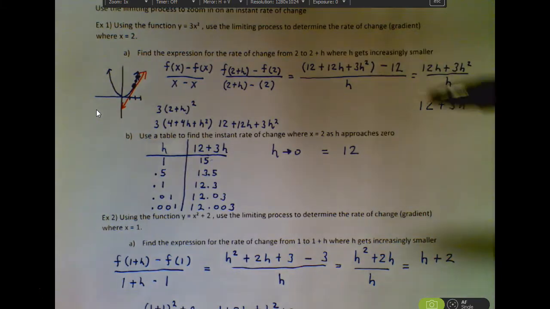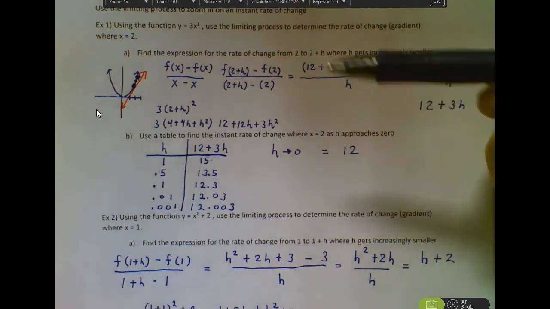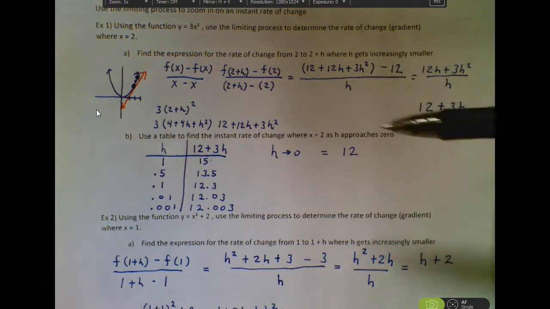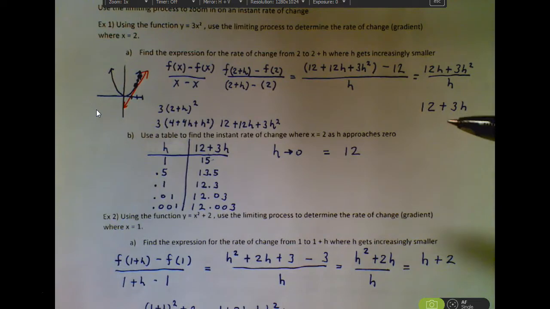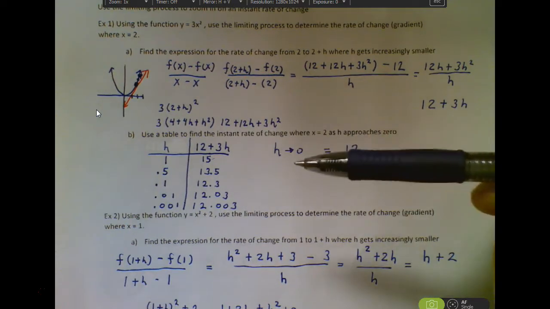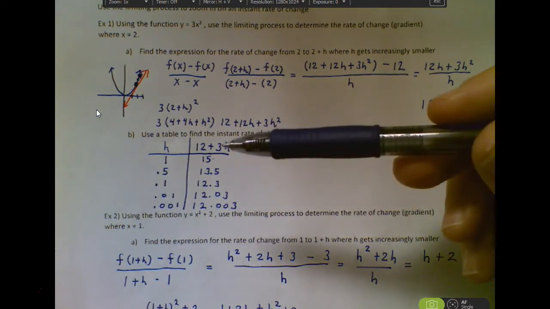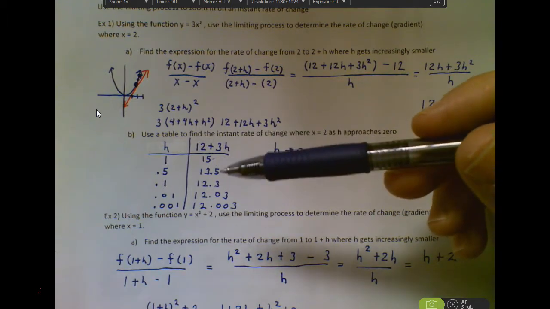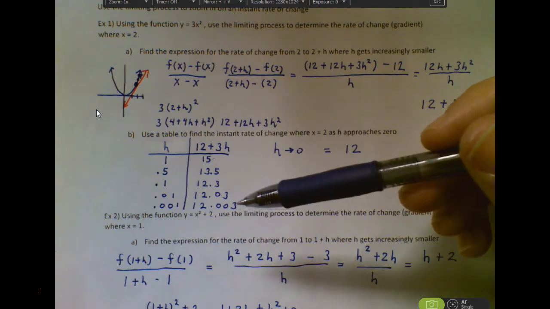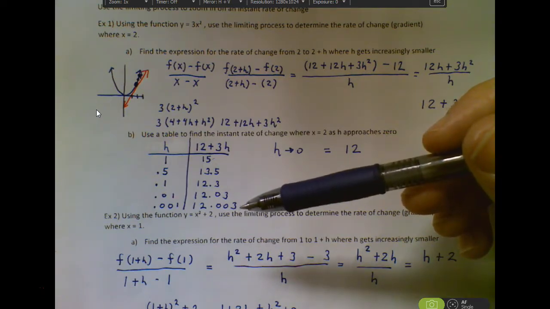And so as we went through this process of using 2 and 2 plus h and getting an expression like this one here, we can see that as h approaches 0, right, as h becomes smaller and smaller and smaller and approaches 0, we can see the limit that we are approaching. We could see that we are approaching a value of 12.